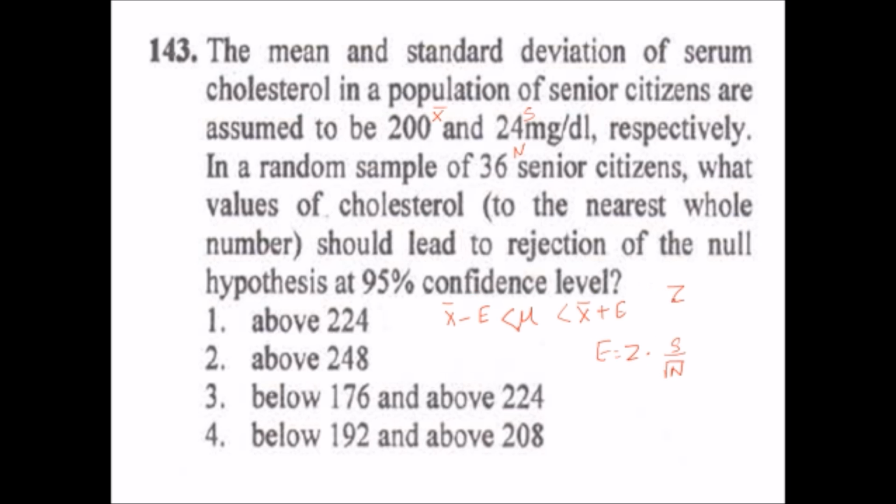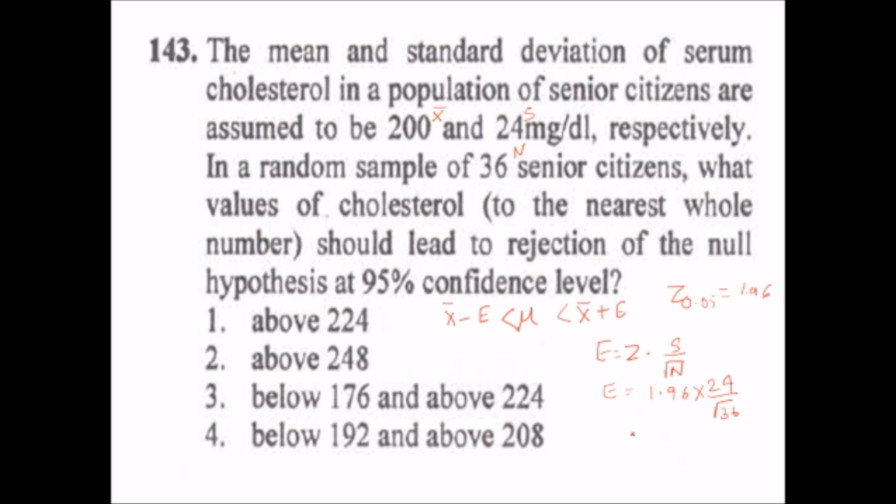At 95% confidence, or at 0.05 level, the value of z is 1.96, and all the other values are given. So the error will be z, 1.96, into standard deviation 24, divided by the square root of 36.